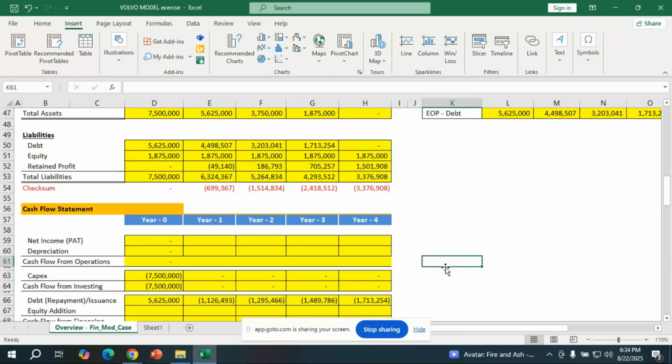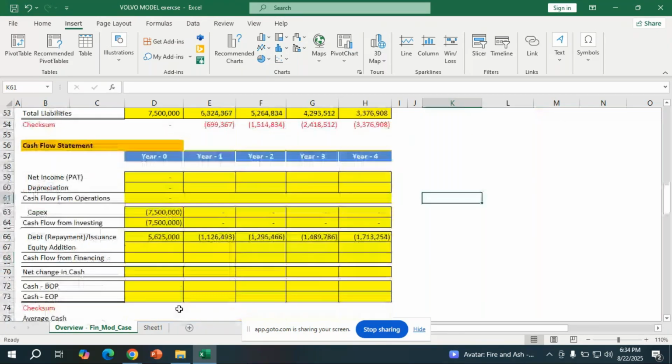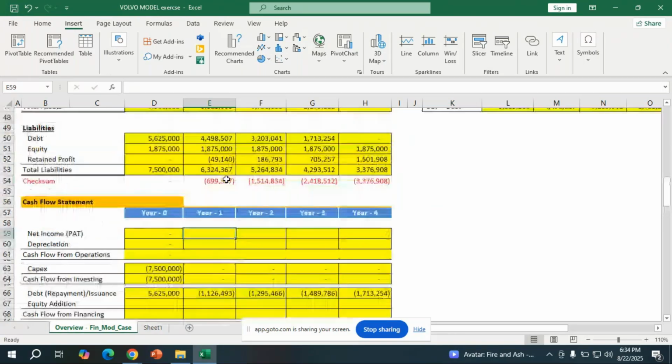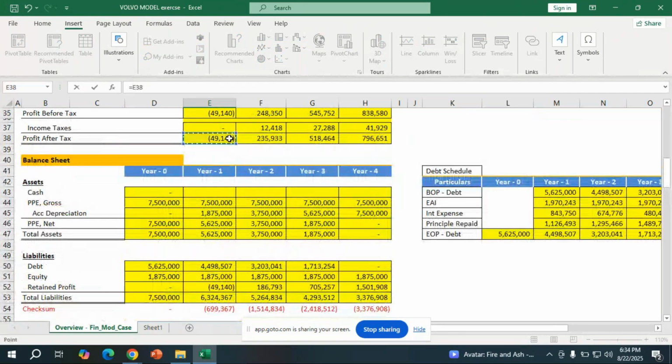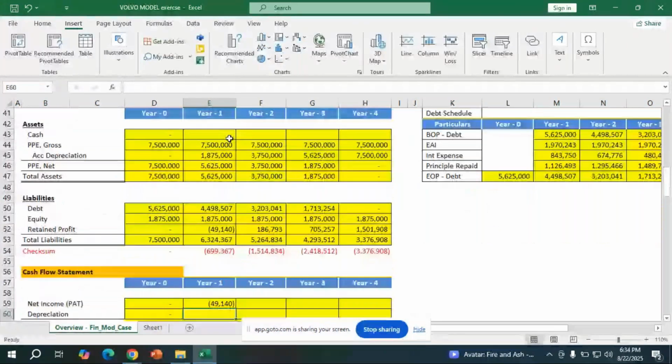Okay, now coming back to your cash flow from operations from year 1 to year 4. Now, your profit after tax, you're going to put up here equals to, so what is the year 1 PAT this year? Yes, center.